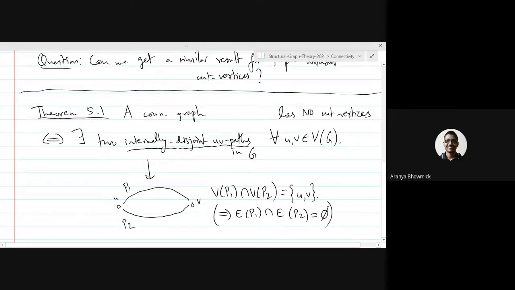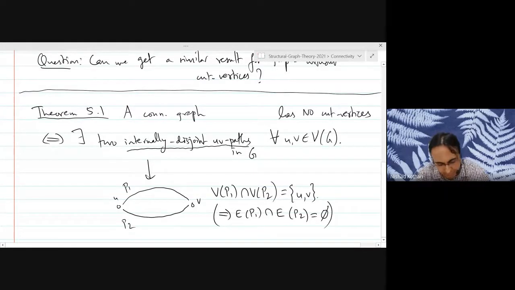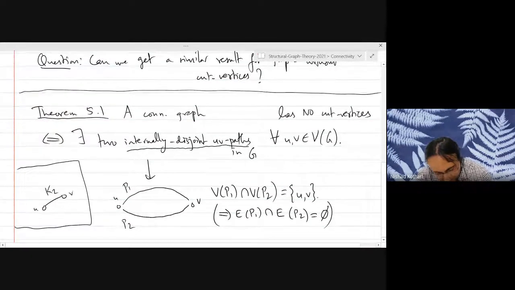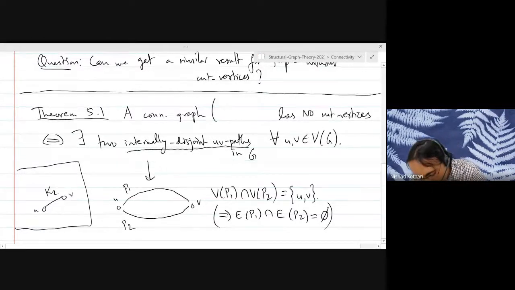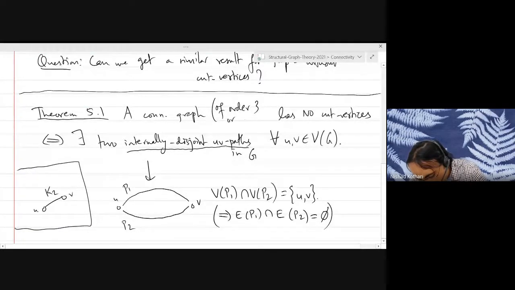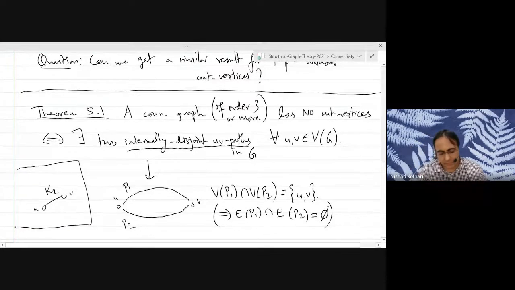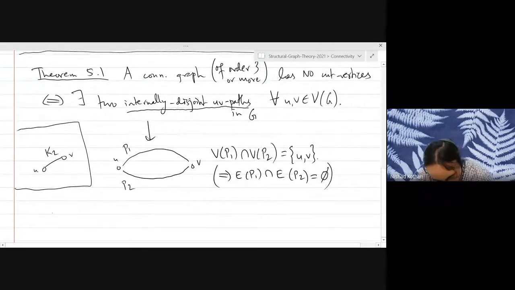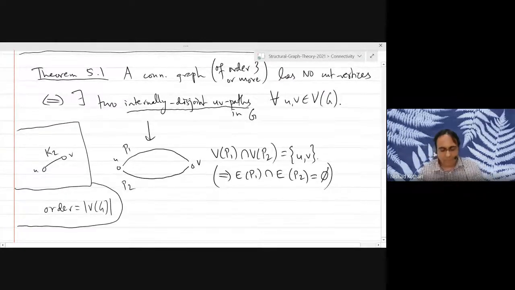Sir, I think K2 is a counterexample. K2, exactly, right? There are no cut vertices in K2, but between any two vertices, there is only one path. So it turns out we just need to say of order 3 or more. By order, I mean the number of vertices of the graph. So order is the number of vertices. Okay?